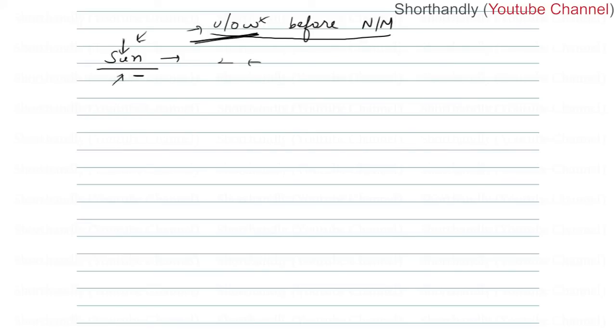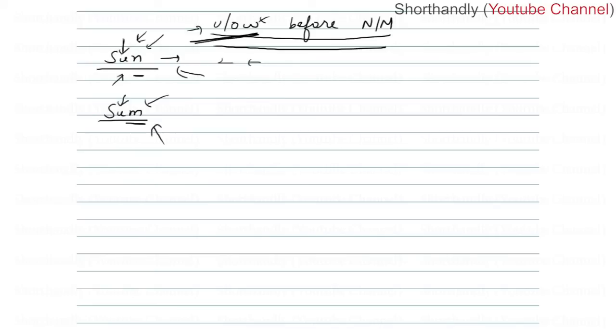In the same way, if you have another word called some, if you pronounce it, it goes like some. Again we have this M here, and before that we have this a or U. If we read this again, it says U and OW before N and M. Here we had N and here we have M. That's why we omitted the U in this word.